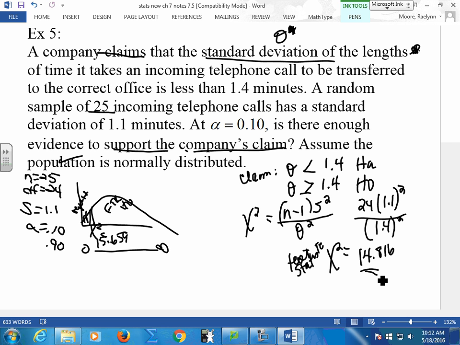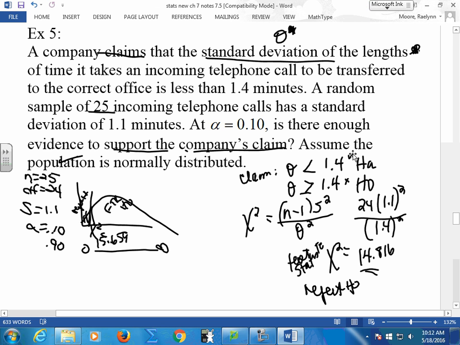So what's my decision? Good. Reject H0. Now, if I reject H0, I'm actually liking what they said. So I go to my chart, I claim it's HA, I reject H0. I use these words: there's enough evidence at a level of significance of 0.10 to support the claim that the standard deviation of the length of times it takes for incoming phone calls to be transferred to the correct office is less than 1.4 minutes.